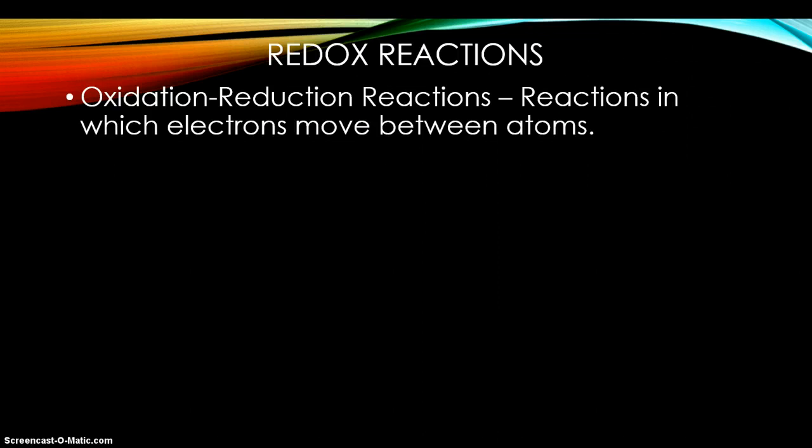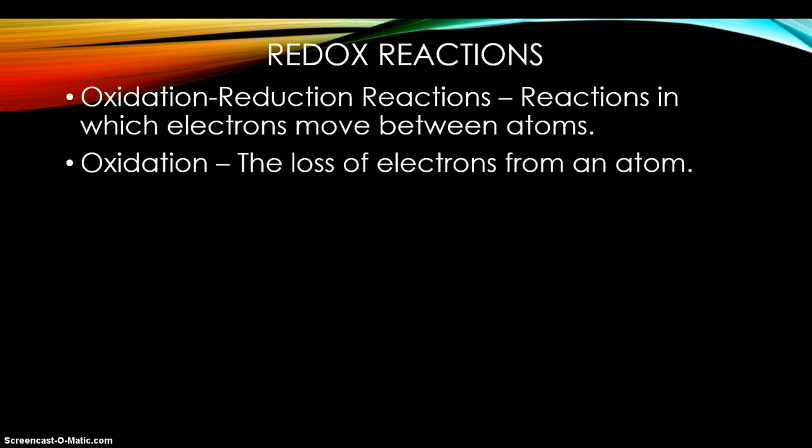And that could mean electrons being transferred, like in ionic bonds, or it could mean that electrons are being shared, but now they're shifting one direction or the other in a polar covalent bond. So this could happen in a number of different ways, but electrons are moving between atoms.